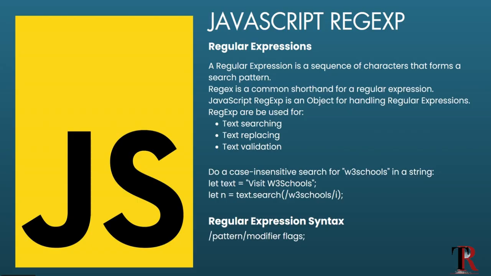So this is how the syntax for a regular expression looks like, right here on my screen. Basically, regex is a common shorthand for a regular expression, and it's an object for any regular expression. It's basically used for text searching, replacing, and validation.